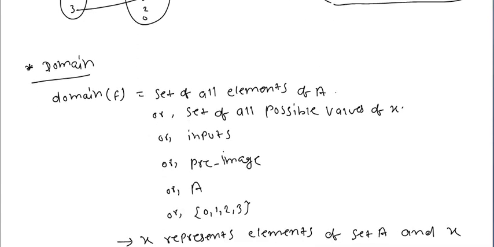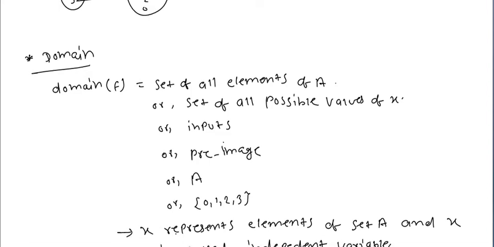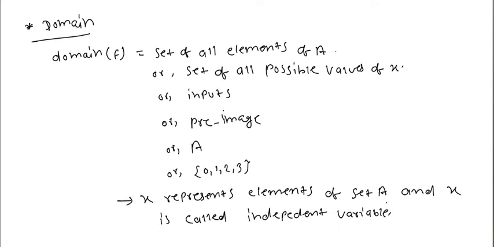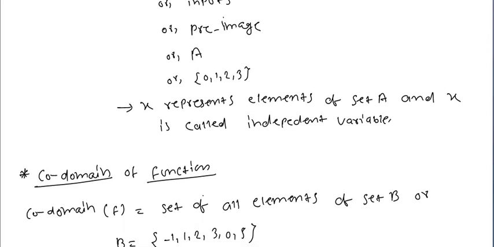So domain is nothing but the input, or we can say pre-image, that is, just before the image, or the set of elements of A. For this particular example, set A is 0, 1, 2, 3, and x represents an element of set A. x is called the independent variable.